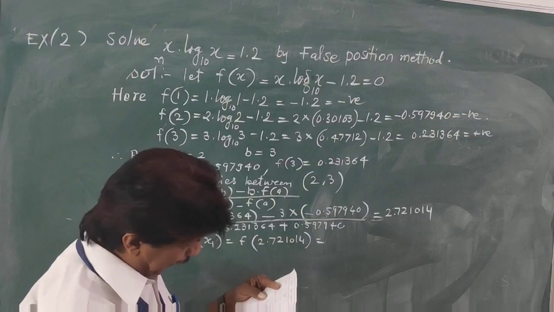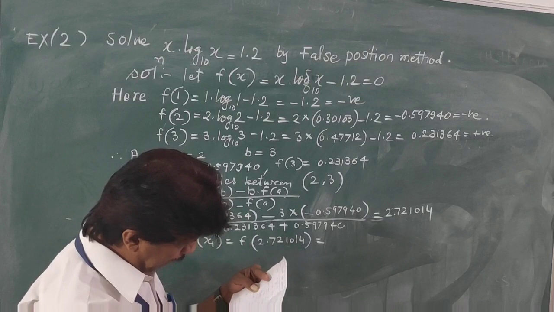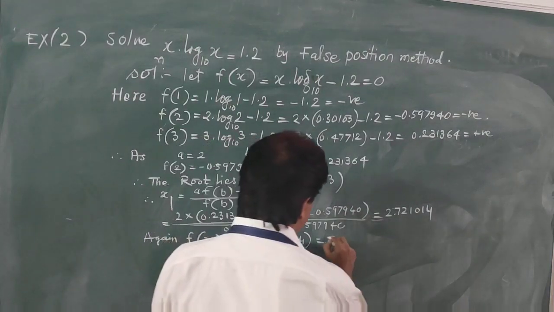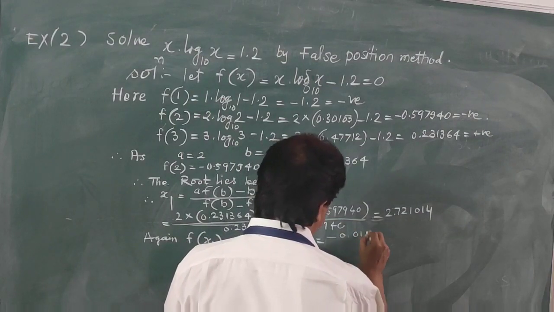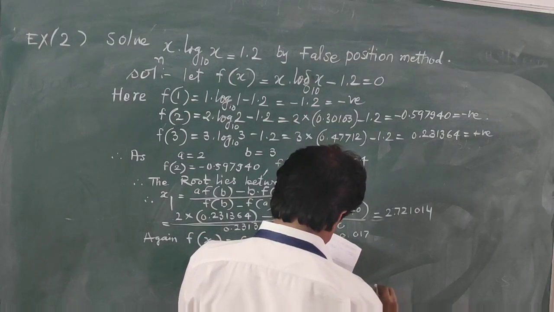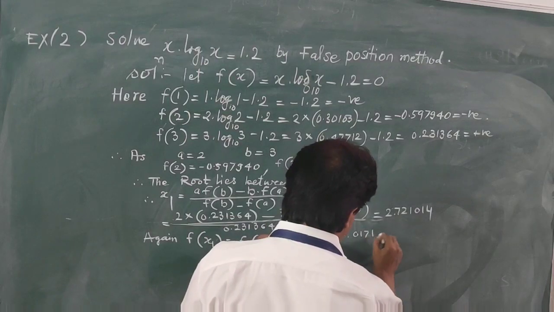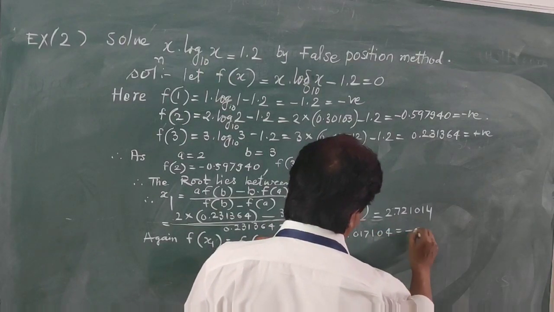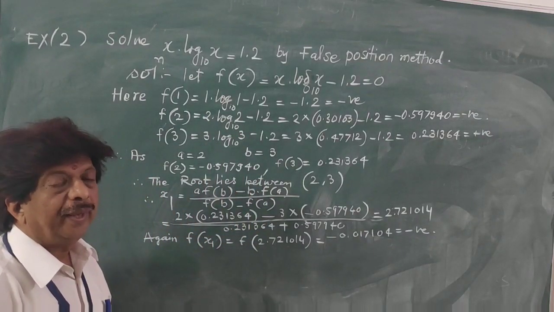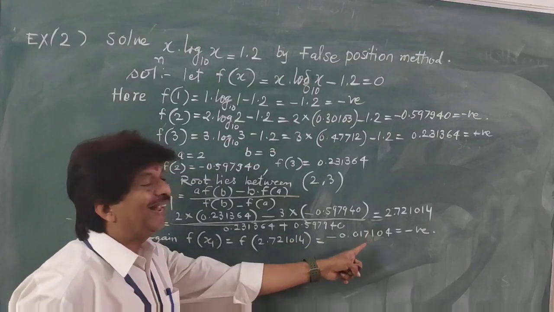That calculates as minus 0.017104, that is negative. F of 2.721014 is negative.